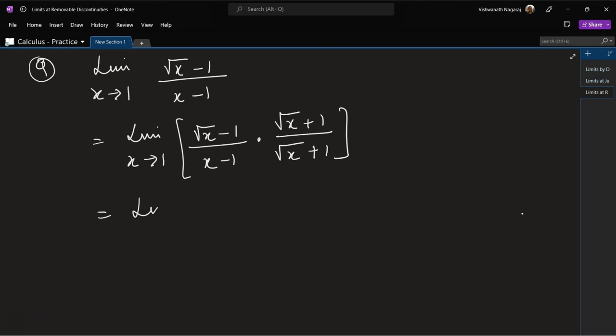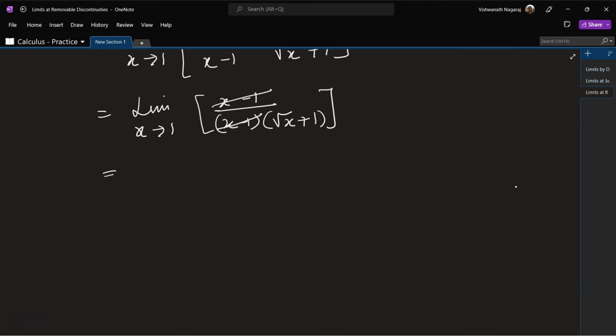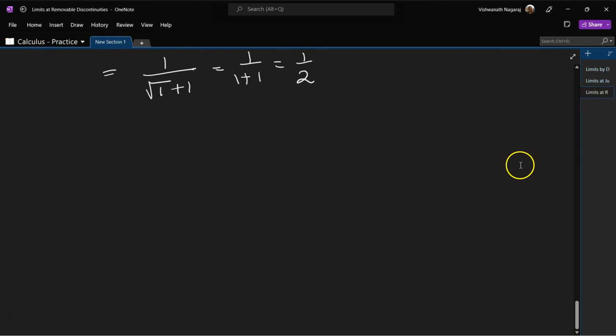Okay, so what does this become? This becomes the limit as x approaches 1 of (x minus 1) by (x minus 1) times (square root of x plus 1). X minus 1 cancels, and now we can do the direct substitution. So it becomes 1 by square root of 1 plus 1, which is 1 by 1 plus 1, which is 1 by 2.